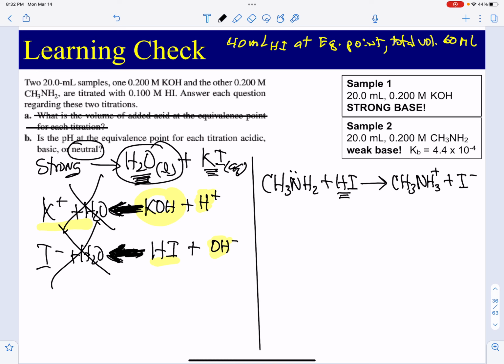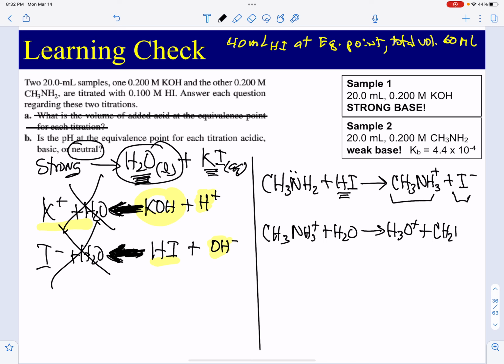However, you created this and you created that. So the moment this goes into the water, you're gonna protonate the water and you're gonna get your conjugate base. So when that happens, you are making the solution acidic.